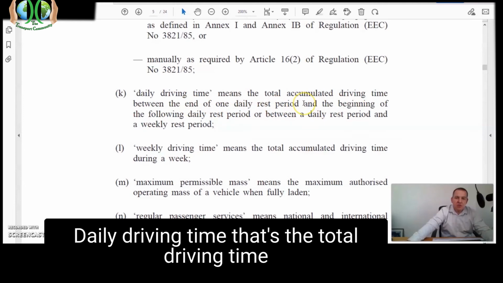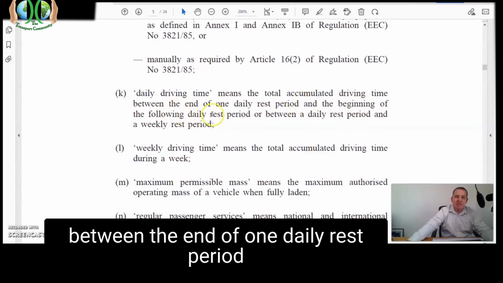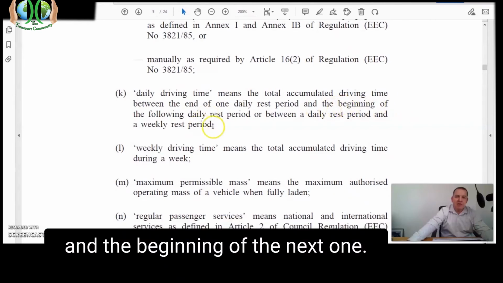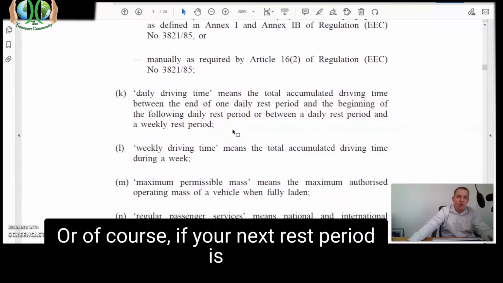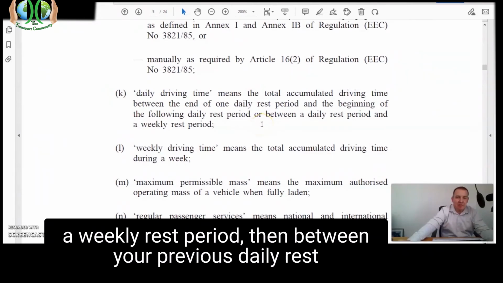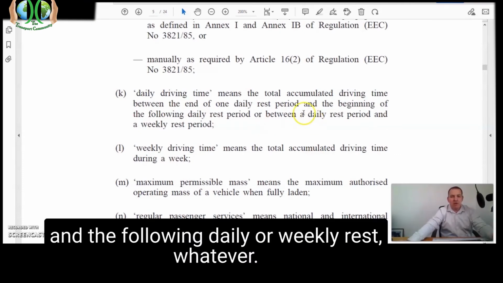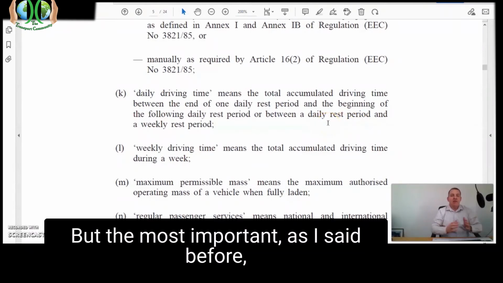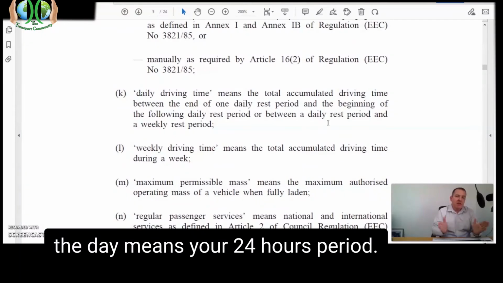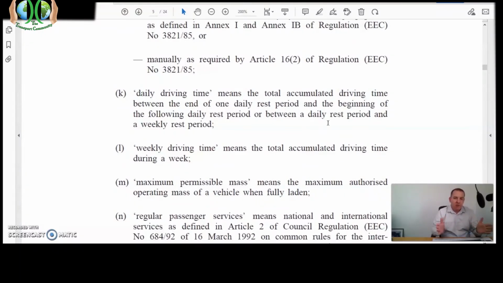That's the total driving time between the end of one daily rest period and the beginning of the next one. Or, of course, if your next rest period is a weekly rest period, then between your previous daily rest and the following daily or weekly rest. Whatever, but the most important, as I said before, the day means your 24 hours period.